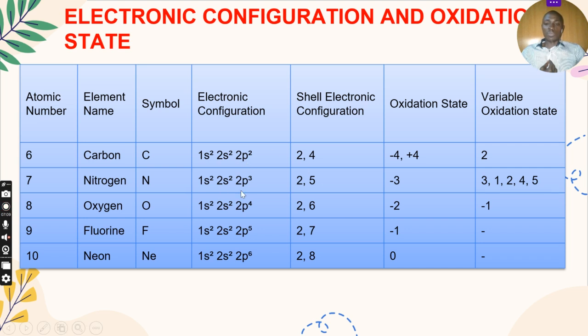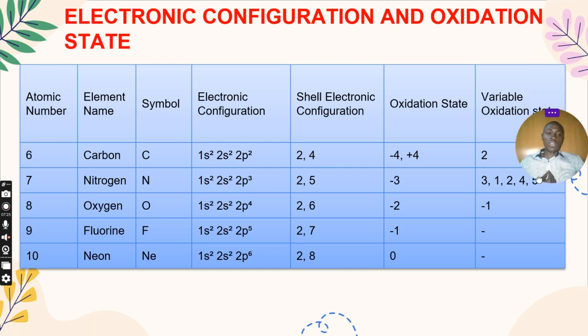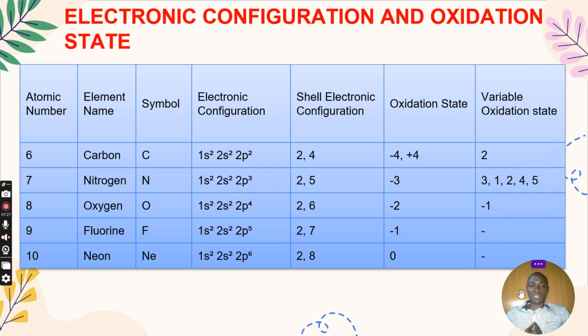So this 2p is not full, so its electrons can be donated, and then this 2s is full, it's more stable, although the electrons can be donated anyway. So those are the reasons why we have exceptions, or what we call variable oxidation states. It's very important to take note of that.